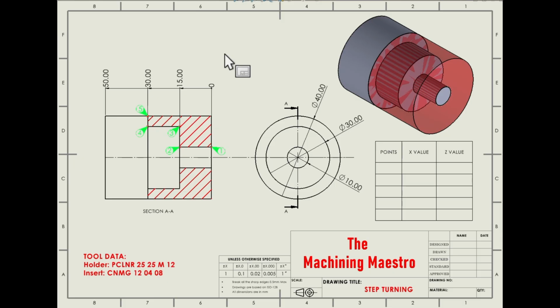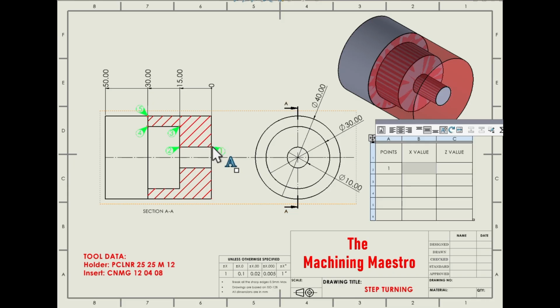Before going for the programming, we should know how to get the value of the points in the x and z coordinate system. So I'm calculating the positions for you. For point number 1, the x value is 10, because at point number 1 the diameter is 10, and the z value is 0.